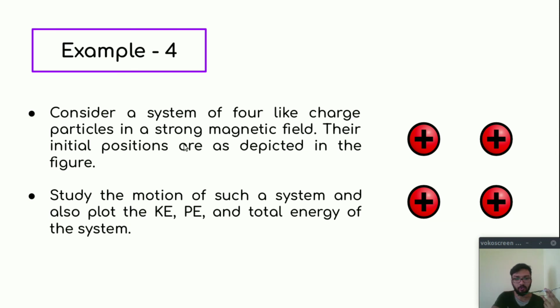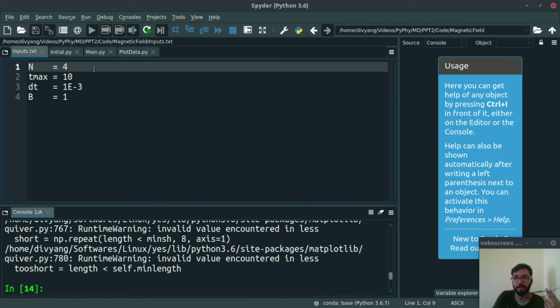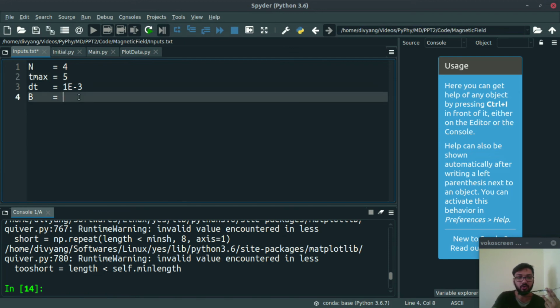Okay, so I will jump to this inputs.py, and it is going to be the same, but simulation time is going to be 5. And as I said, we want a very strong magnetic field, so we are increasing this B by a factor of 5. So 5 times stronger magnetic force, right?